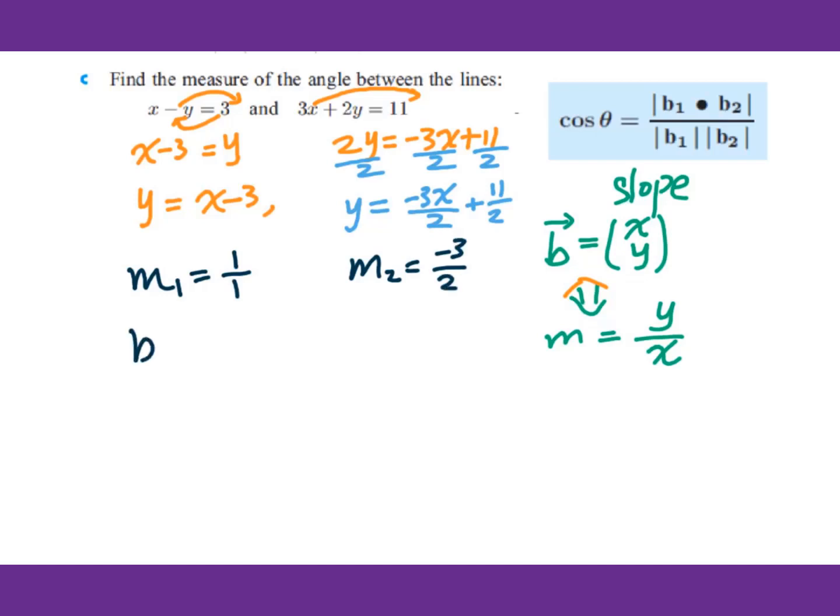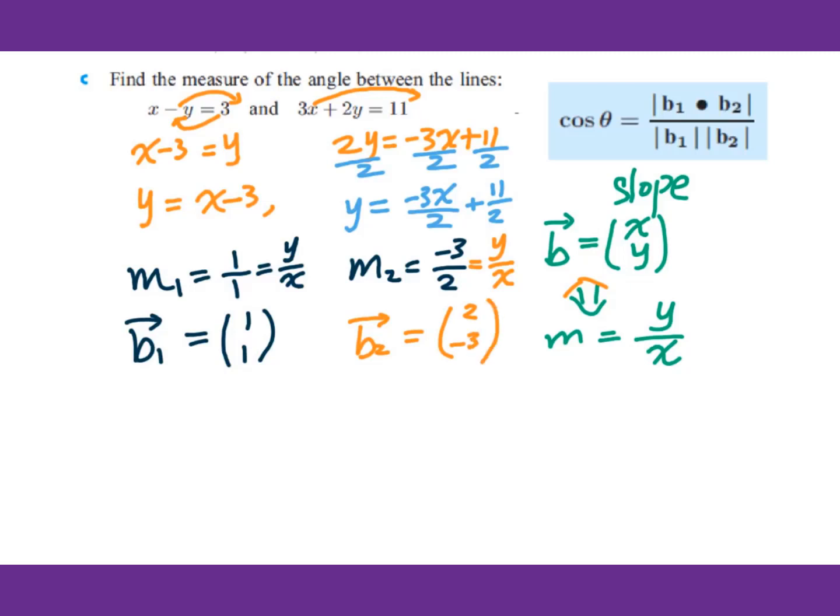Therefore, b1 equals (1, 1). You can see this is y over x. So we need a vector form for b2, which equals (2, negative 3). Remember, for vector form, it's always x, y.